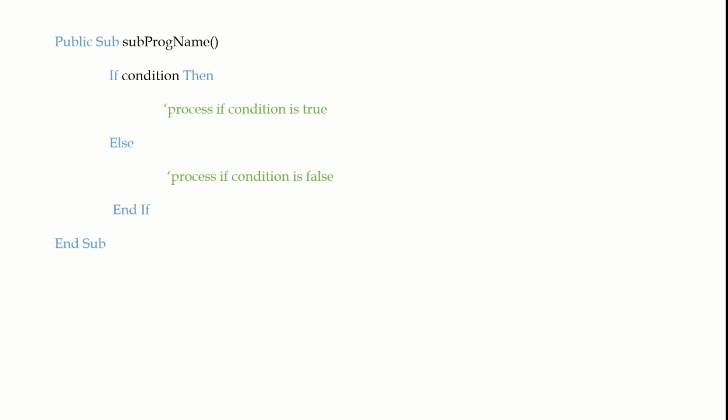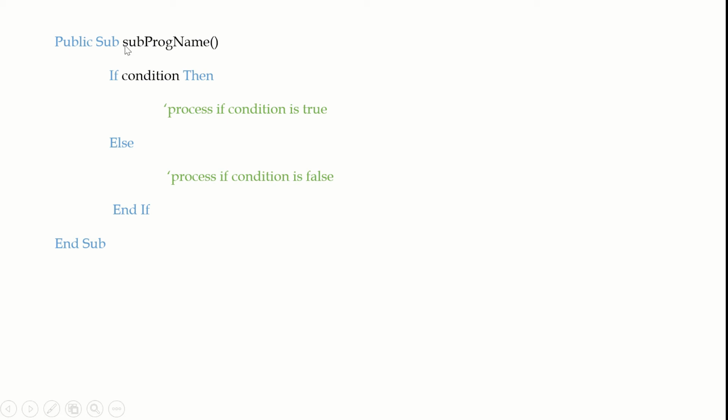What we saw earlier was that given a certain condition, our program is going to branch out into different processes depending on that condition. So the syntax, or how we implement this in code, is given here.